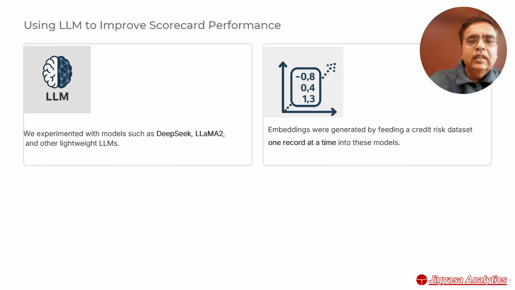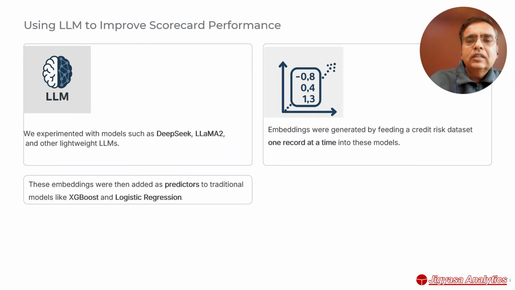Then we took those large language models and generated vector embeddings from them, by feeding them a credit risk data set, one record at a time. And these embeddings were used as predictors, along with traditional predictors, in machine learning techniques like XGBoost or logistic regression to generate credit risk scorecards and predict performance.